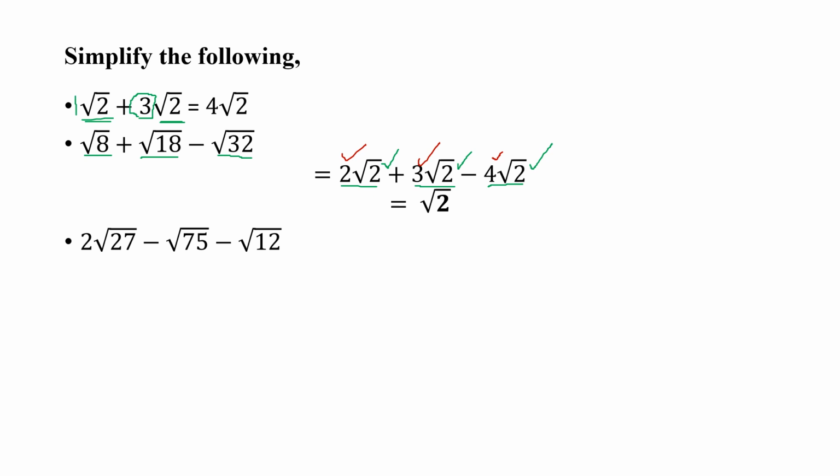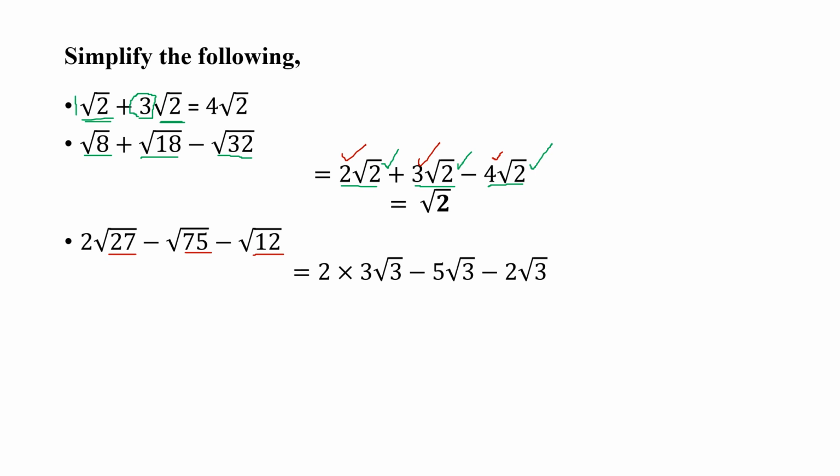2 root 27 minus root 75 minus root 12. Right, we have to express root 27 in the form a root b, root 75 in the form a root b, root 12 in the form a root b. Right, let's express these numbers in that form.